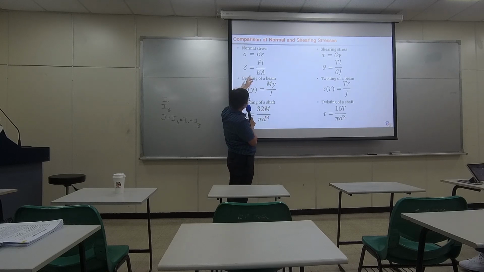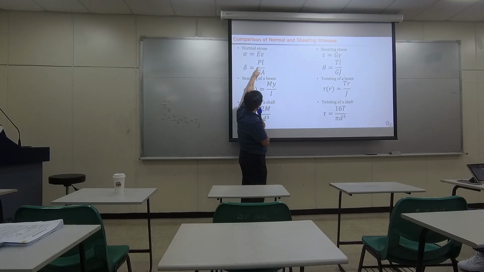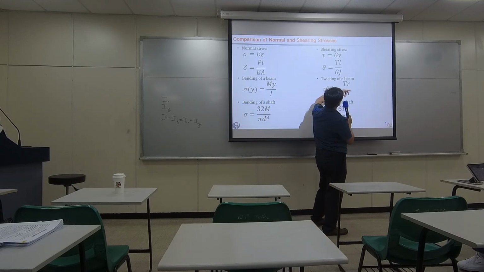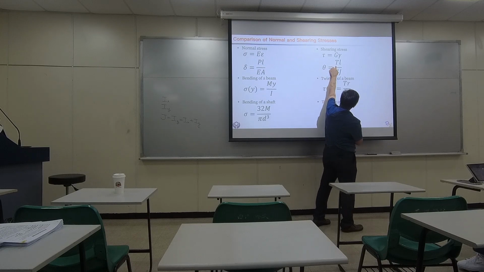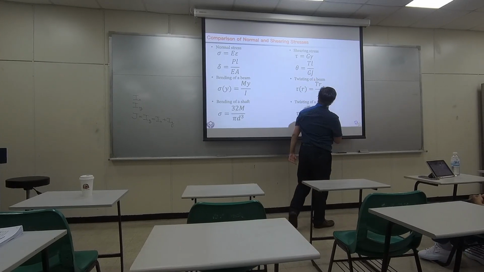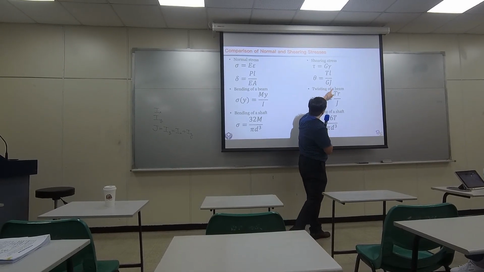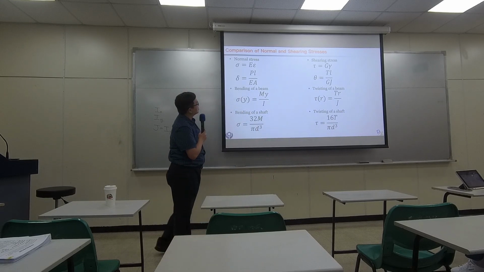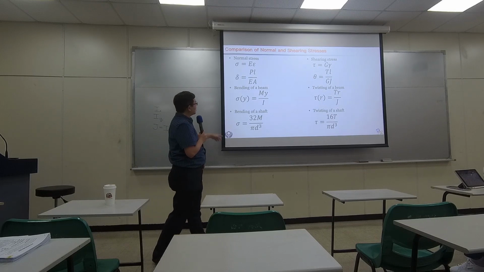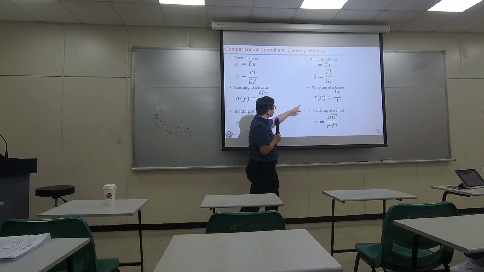So the deformation along the linear direction equals how much force you apply over the material property, Young's modulus, with some geometrical information, length and area. Similarly, if you twist, the twisting angle equals how much torque you have over the shear modulus, also with some geometrical information. However, here we have J, here we don't have I. They are not exactly the same, but they look very similar.